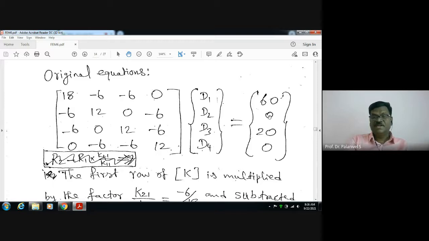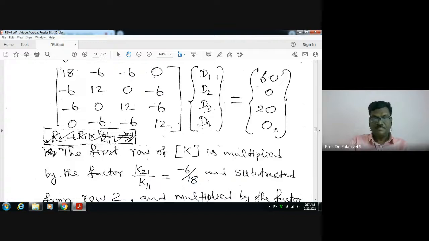Similarly, I multiply Q1 by K31 by K11 and subtract it from Q3. Whatever I am doing on the LHS, the same operation I have to do on the RHS also.